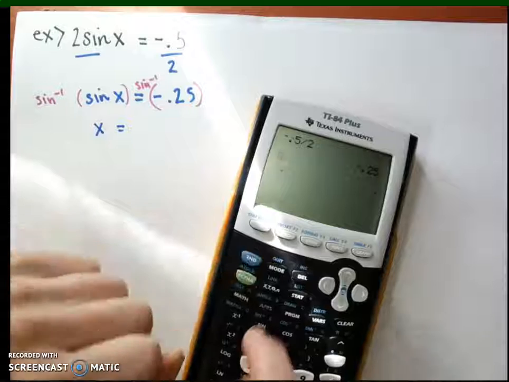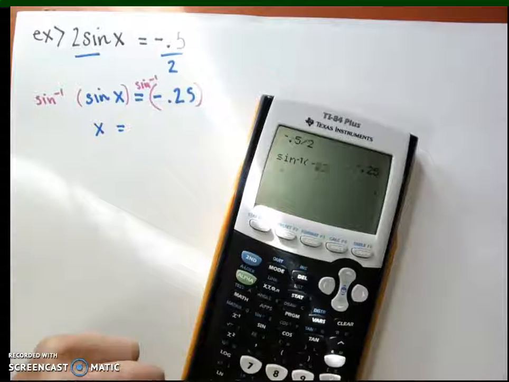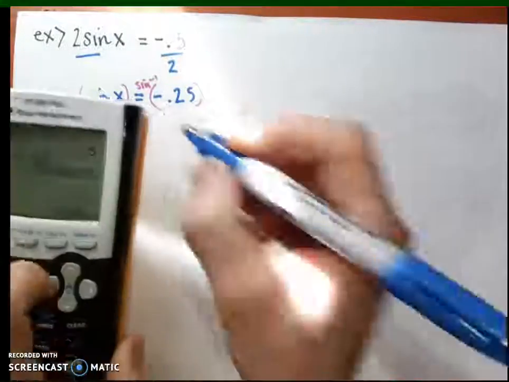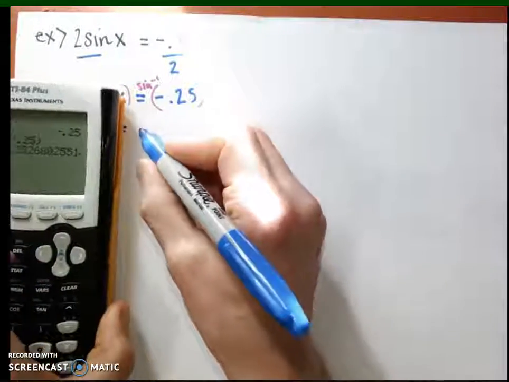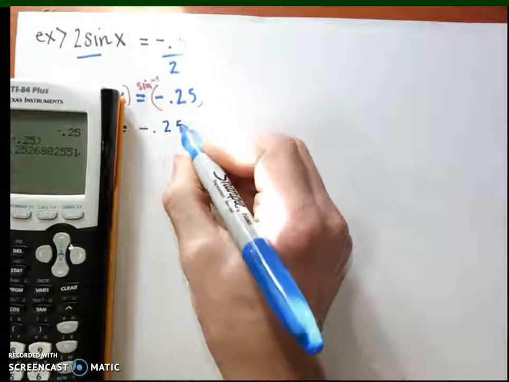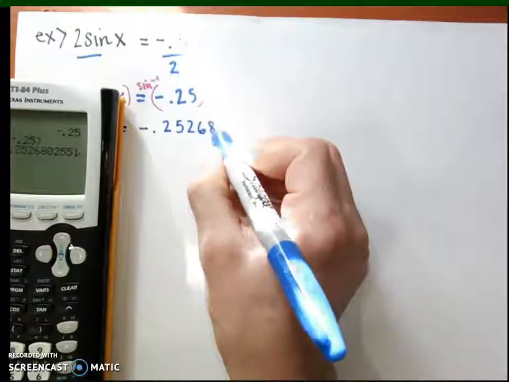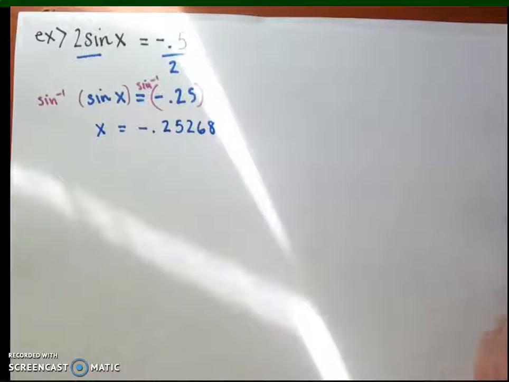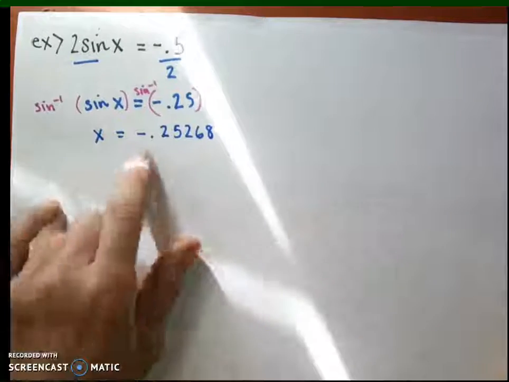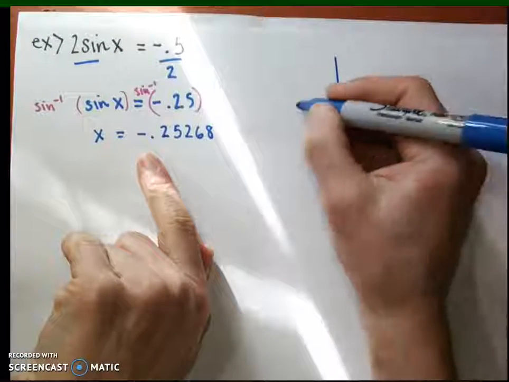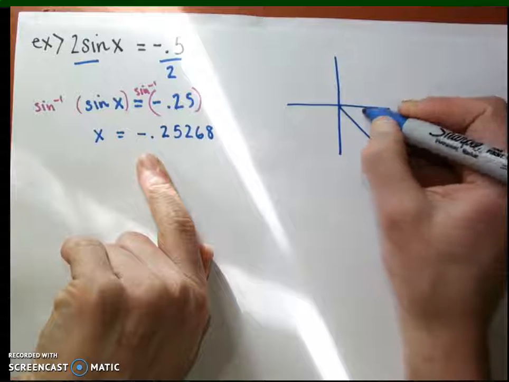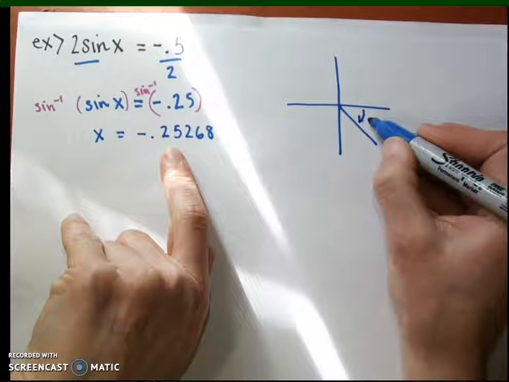So I click second, sine inverse, negative 0.25, enter, and I'll get this answer, negative 0.25268 approximately.